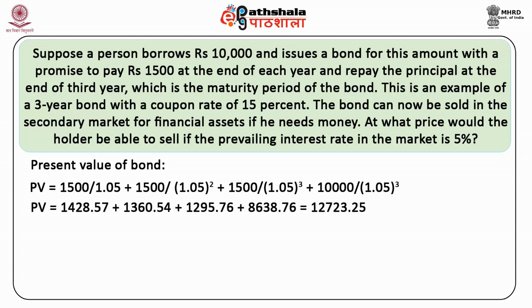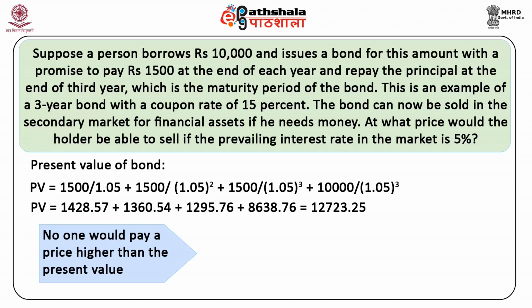Present value is equal to 1428.57 plus 1360.54 plus 1295.76 plus 8638.76 is equal to 12723.25.